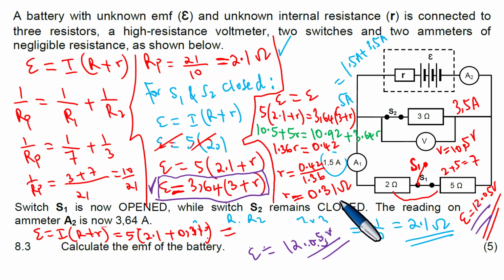After having obtained the 0.31 ohms, it follows that we got the internal resistance. That's all we needed. So we can use any of these, like the top one. The EMF is I(R + r). What is the I? 5.